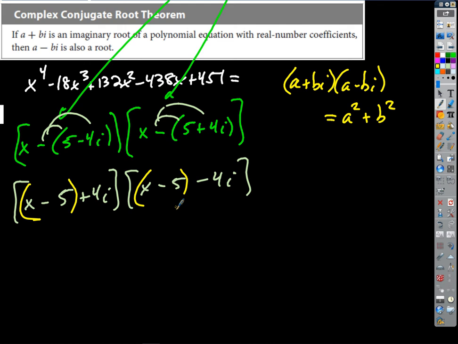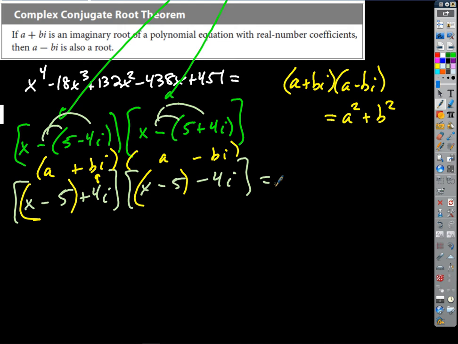Look at that, right? Doesn't that look like a plus bi, where b is 4 and a is that quantity, times a minus bi, where once again a is x minus 5 and b is 4? You see that? So if I multiply those out, what's that going to give me?